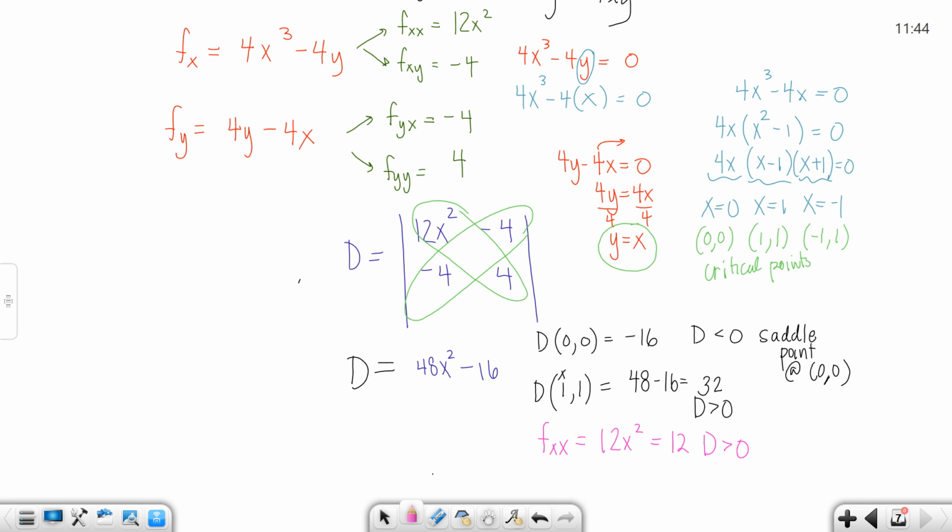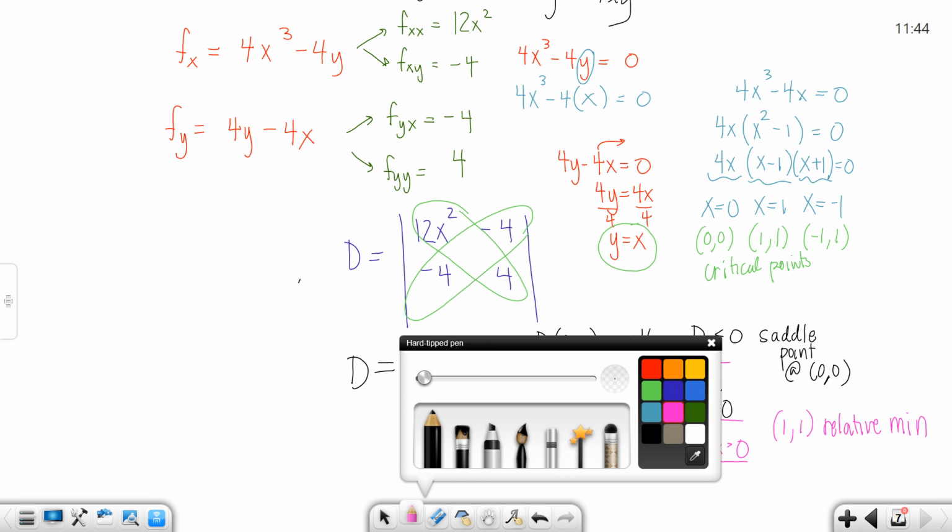So that's not D though, sorry. fxx is greater than 0. So if D is greater than 0 and fxx is greater than 0, that means at the point 1, 1, you have a relative min. Right? So that was the second one. Let's get the third one.